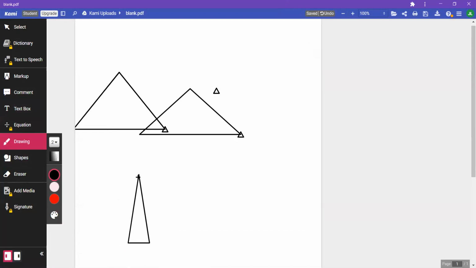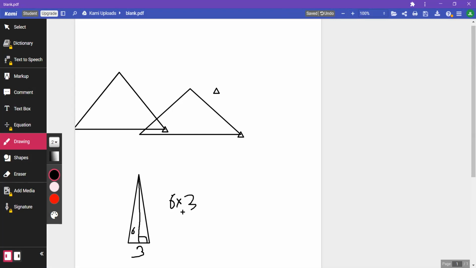The height is 6 meters. The bottom is 3. What is the area? Try to do it by yourself without me.